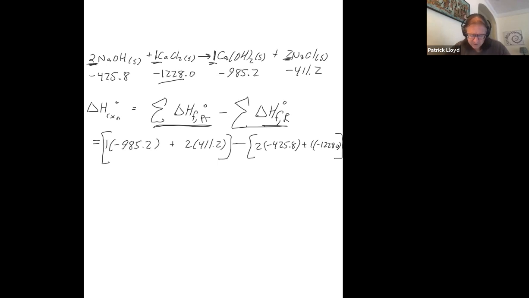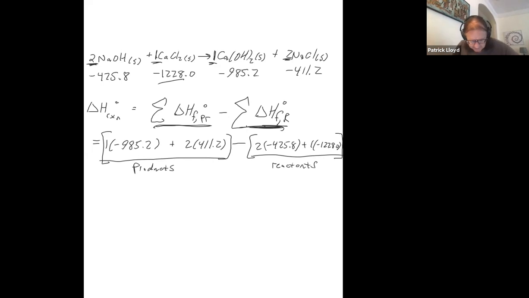Okay, see how I have two terms here? Products, reactants. And it's important, you're going to add all the products, add all the reactants, and then take the difference between the two. So let me do the products first. So be careful of the negatives. 985.2 negative plus 2 times 411.2 negative.